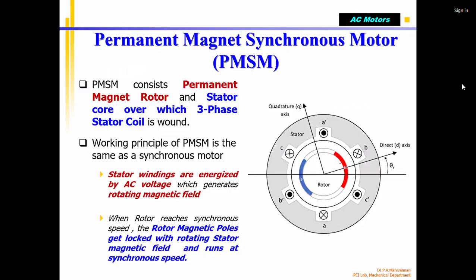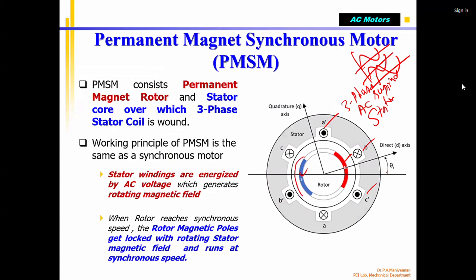The rotor has north and south pole, and the stator has A, B, C. There are 3 phases. A 3-phase AC voltage is supplied to the stator coils. There are 3 coils in which we are applying AC voltage, which is 120 degrees separated. Then we have a rotor.